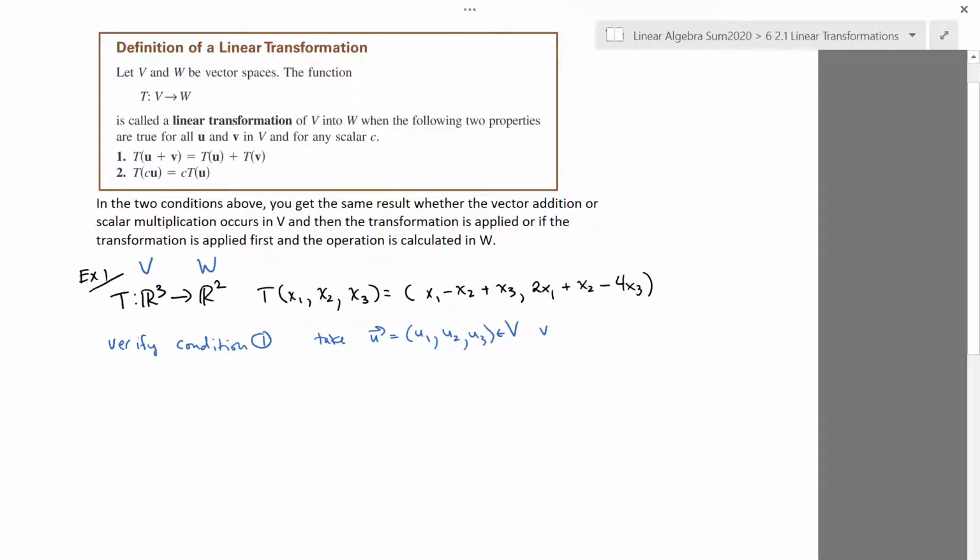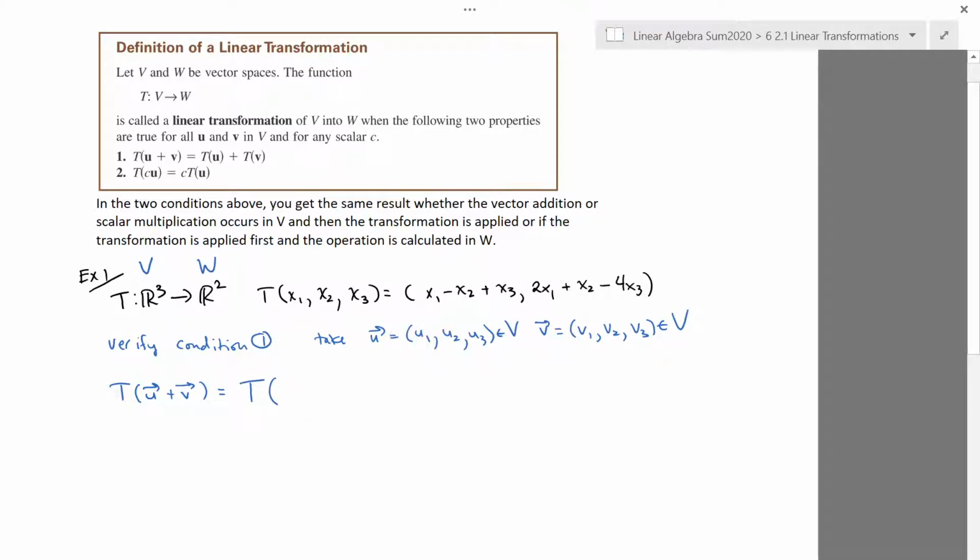And then vector v also should be in V. Okay, so these two elements are both in the domain. And now I have to check this calculation. Right, so first, the left-hand side. u plus v, so this vector addition occurs in the domain.